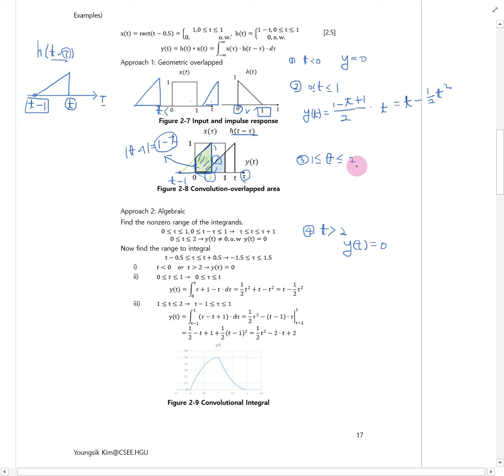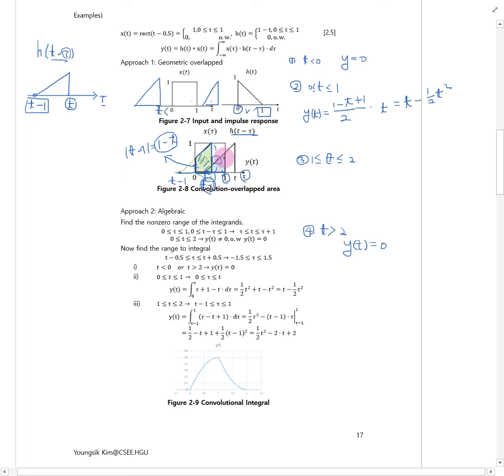In this period, y(t) is given by this triangular area. So if this is t and this is 1, and this point is t minus 1. Okay, this is t minus 1. At this moment, this distance is 1 minus (t minus 1).